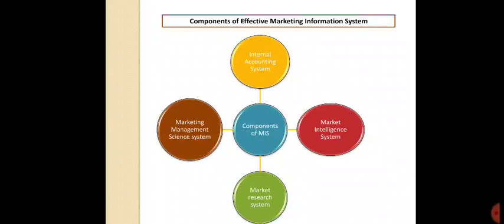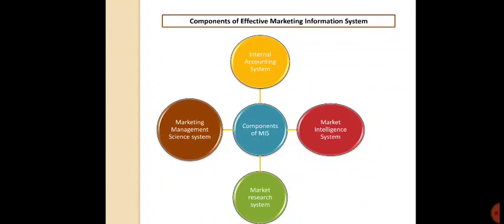The systematic design, collection, analysis and reporting of data relevant to a specific market situation or problem is the marketing research system. And the system basically incorporates formal marketing studies of specific problems or opportunities commissioned by the marketing manager to the research department or the outsourcing of specialized services.